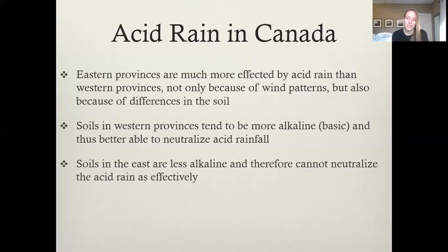Soils in the east tend to be less alkaline, more neutral, and therefore cannot neutralize the acid rain as effectively. Limestone, which you find more of in the west, is really basic and therefore really good at neutralizing the acid rain. Granite, which you have more of out here, is not useful for neutralizing acid rain.